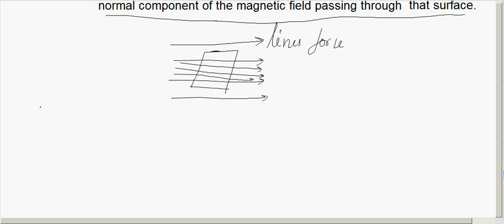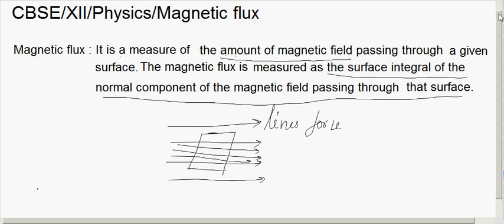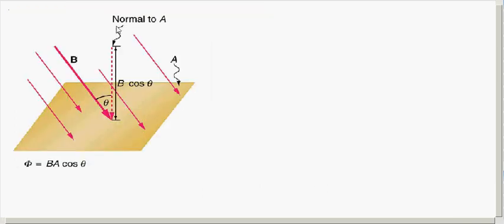Next we will see how we can measure this using a mathematical formula. Here I said the flux is measured as the surface integral of the normal component of the magnetic field passing through that surface. So what is the normal component of the magnetic field? Now see this figure. This is the given surface, and this vector is the area vector, normal to the area.